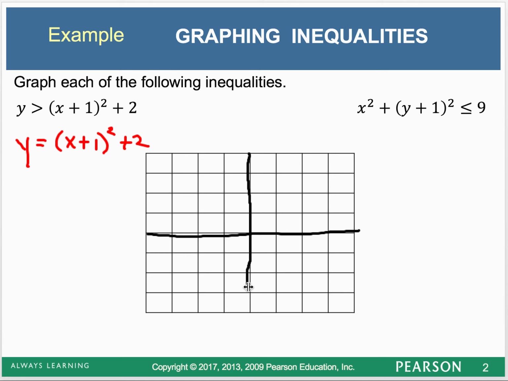And this one, the way it's set up, I can use my translation. So negative 2, 4; negative 1, 1; 0, 0; 1, 1; 2, 4. Get those really quickly.